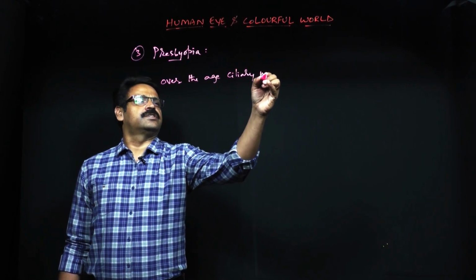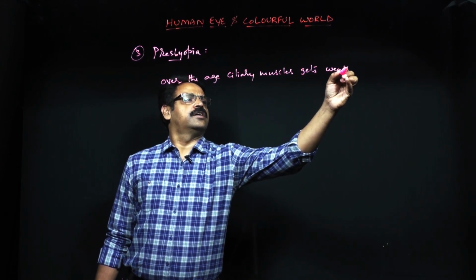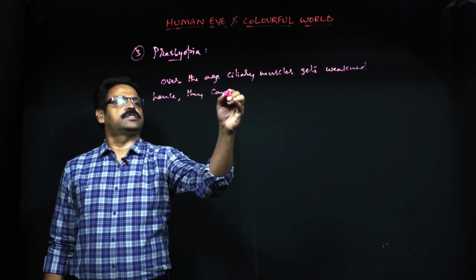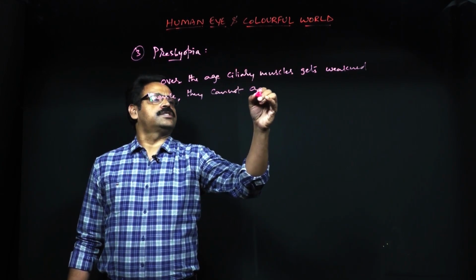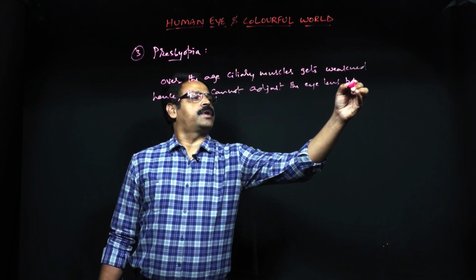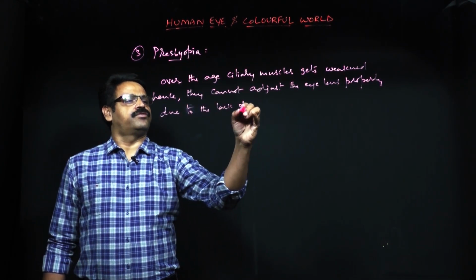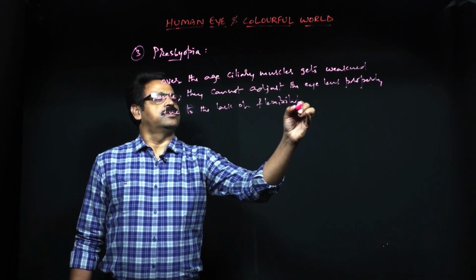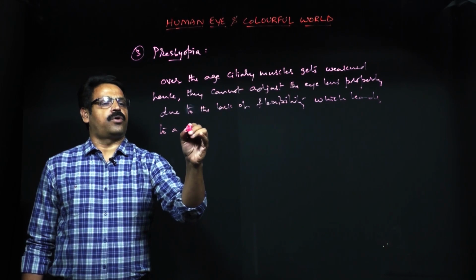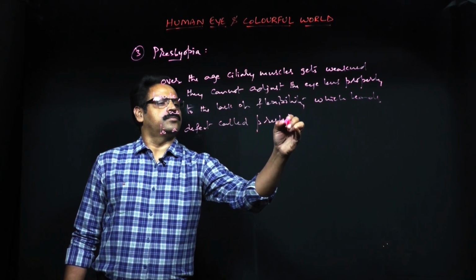Because of the weakening of the ciliary muscles over the age, they cannot adjust the eye lens properly due to the lack of flexibility, which leads to a defect called presbyopia.